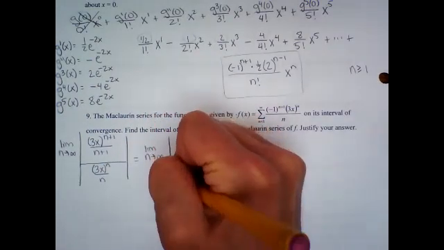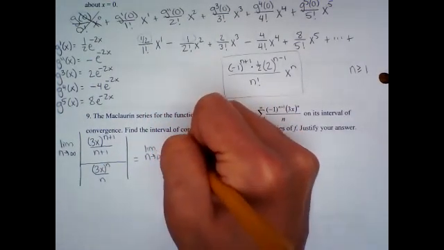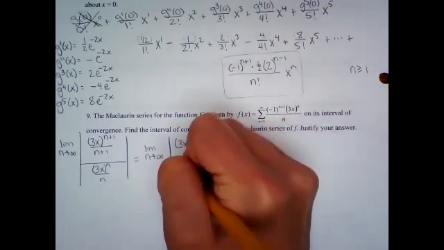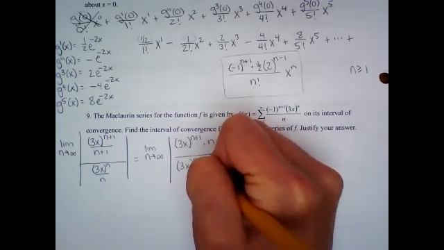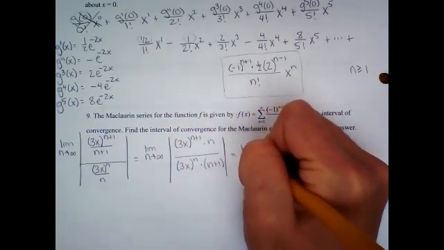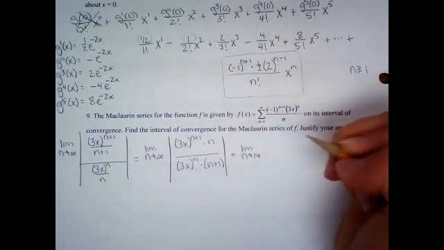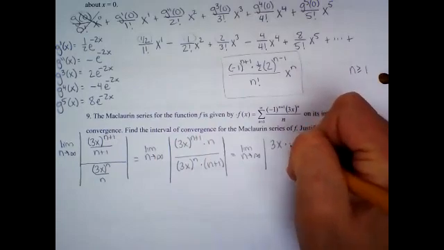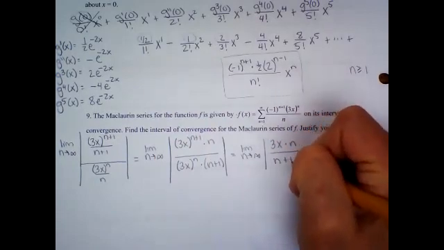All right, so I set that up, and then I'm going to do the reciprocal. And then we're going to see what we can cancel out. So we'll just have a 3x in the numerator, and actually that's all that we can do.